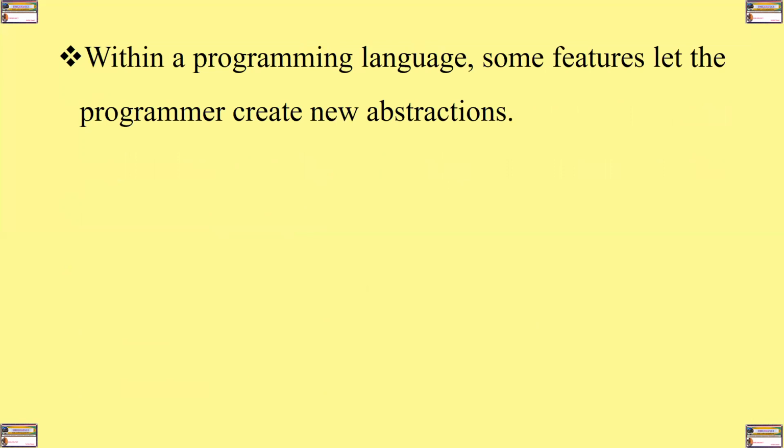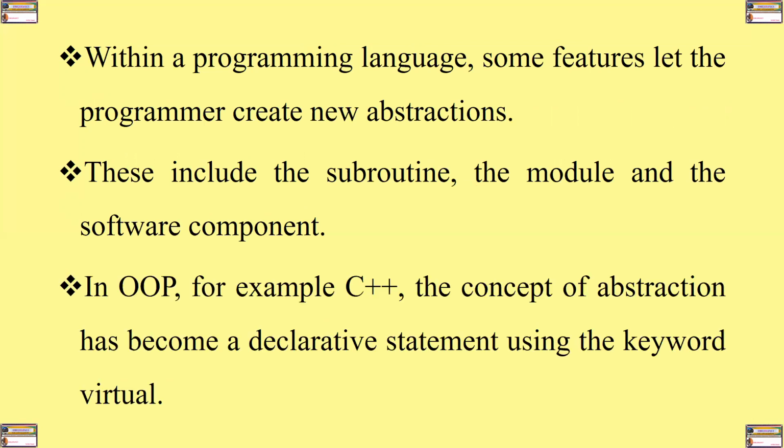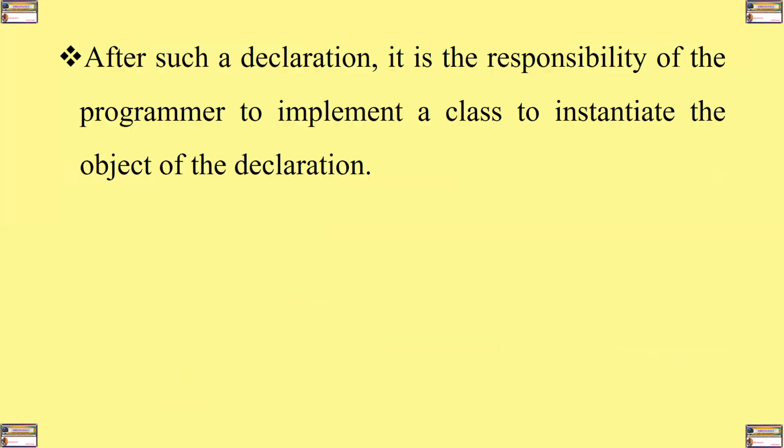Within a programming language, some features let the programmer create new abstractions. These include the subroutine, the module, and the software component. In object-oriented programming, for example, C++, the concept of abstraction has become a declarative statement using the keyword virtual.